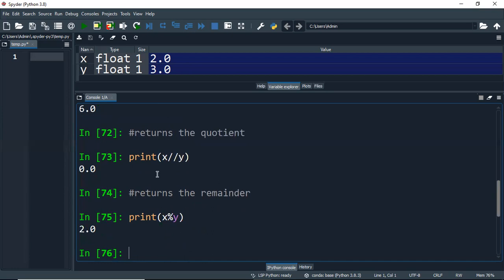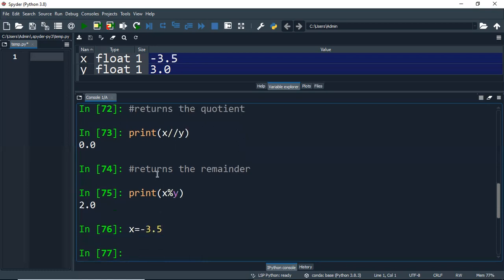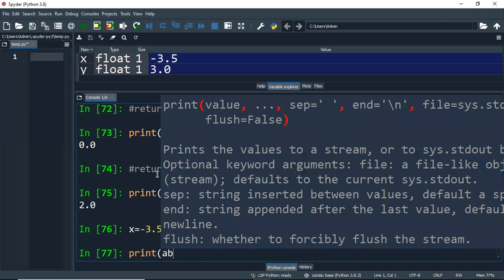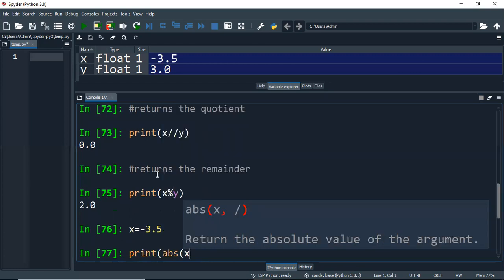If you want to find out the absolute value, assume I am using x equal to negative 3.5. I just want to find out the absolute value of this. Print of abs of x.